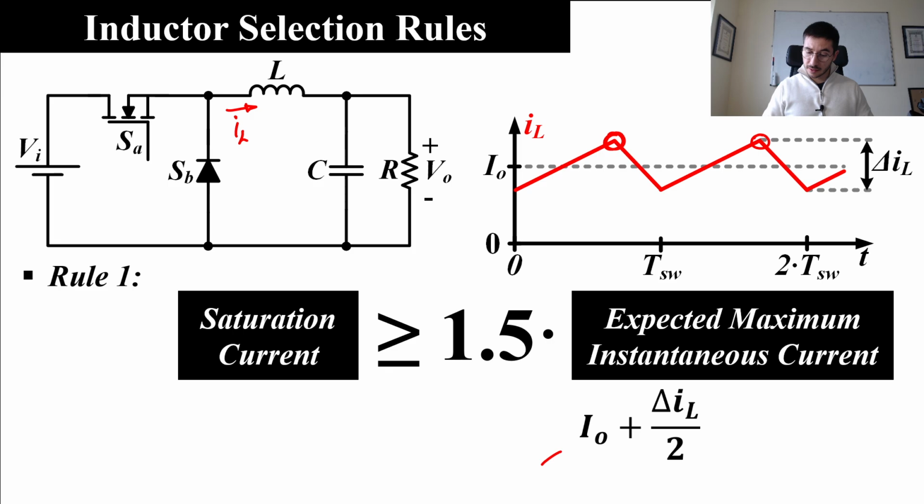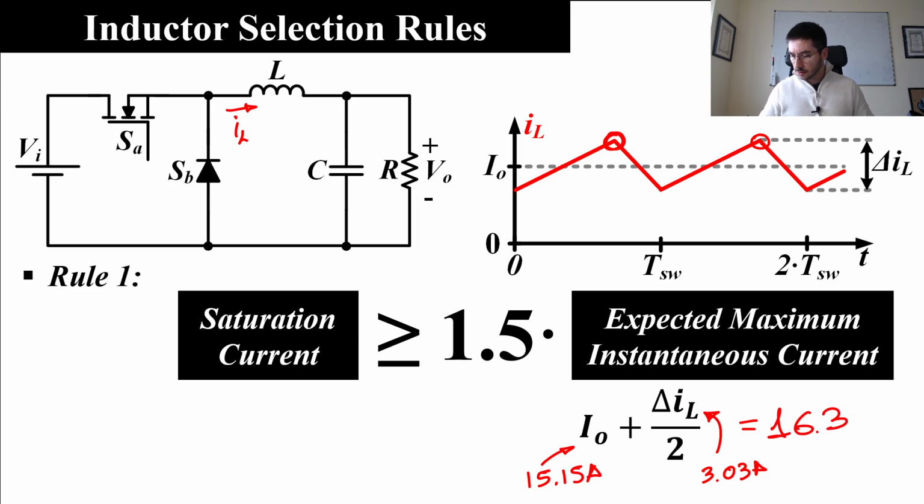We have the output current, which in our case is 15.15 amps, plus the peak-to-peak current ripple through the inductor, 3.03 amps, divided by 2, and this is equal to 16.67 amps.